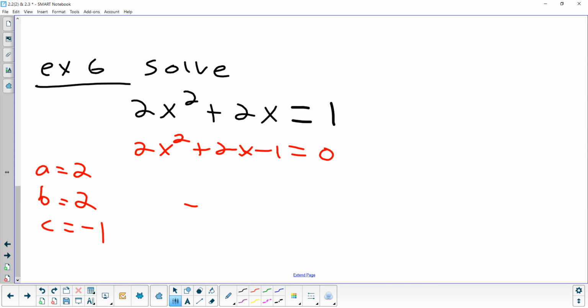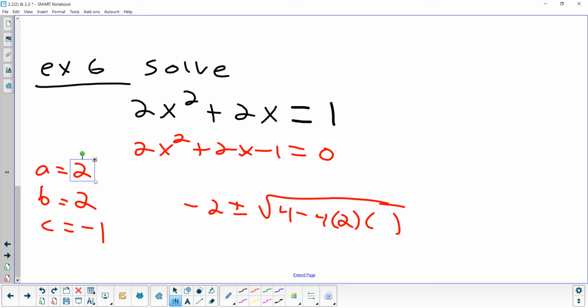All right, so -b plus or minus the square root of b squared minus 4 times a times c. A is 2, c is -1, all over 2a.